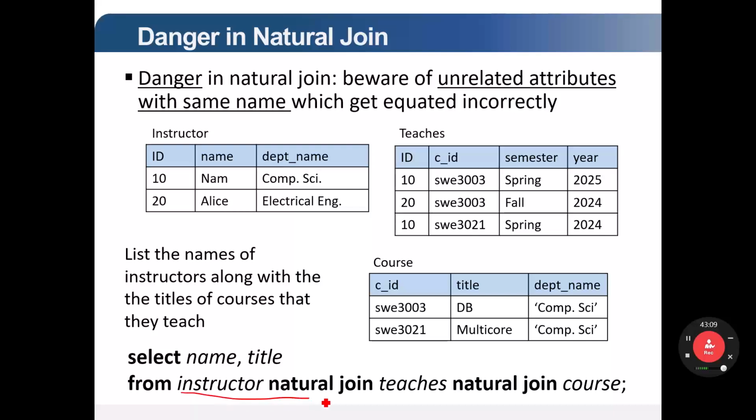So instructor natural join teaches will compare these 2 attributes. So Nam teaches SW 3003 and SW 3021, and Alice is teaching 3003 in fall 2024.